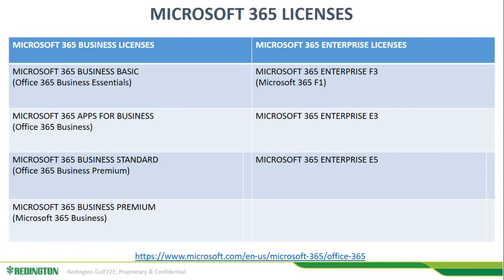And then we have Microsoft 365 Business Premium, which is there in turn for the old license, which was Microsoft 365 Business. And as you know, and as I have said in previous trainings, the Microsoft 365 business license contained 3 things, which was Office applications.